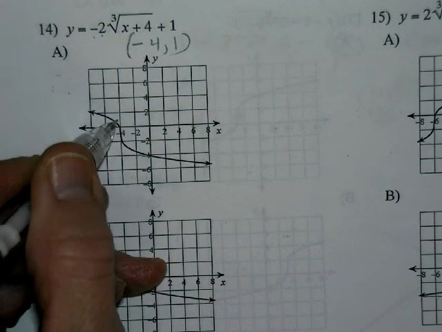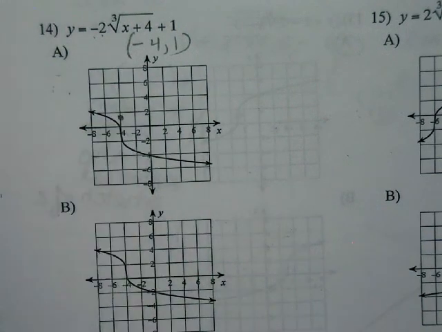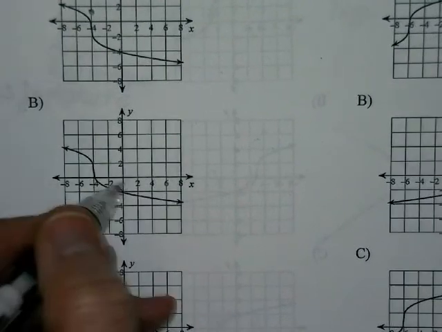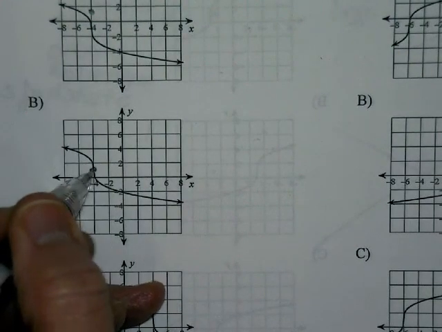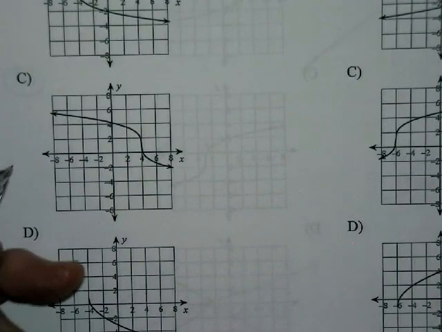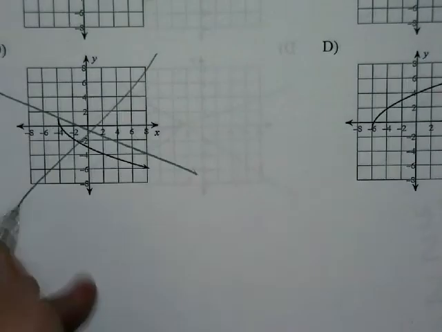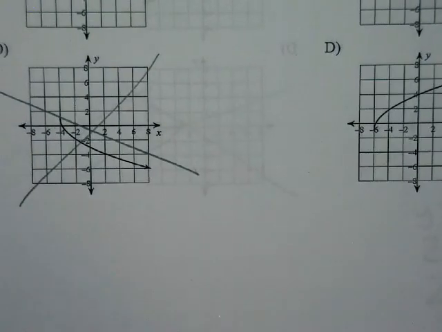We're going to go reflect, stretch, -4, +1. So this is tricky. -4, -1, nope. See that -4 or +1 should be there. -4, +1.